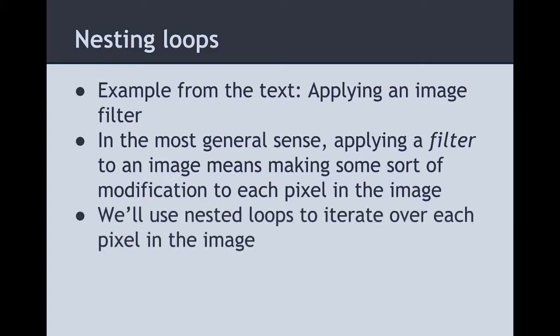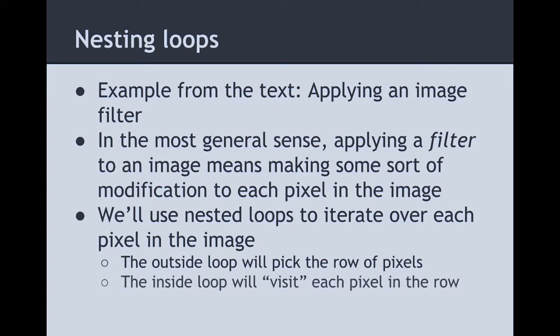So we're going to use nested loops to do that. We'll go through each pixel in the image. Our outside loop will pick a particular row of pixels. The inside loop will then visit each pixel in the row, and then we'll apply our filter to that pixel to produce a new pixel for a new image.